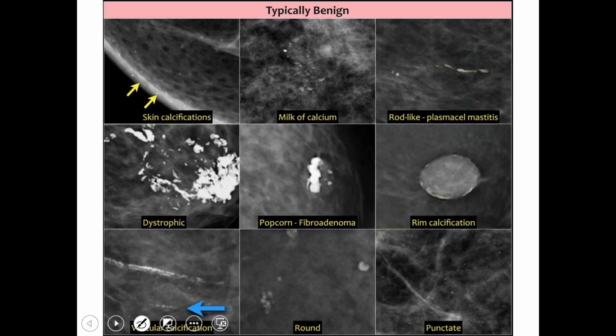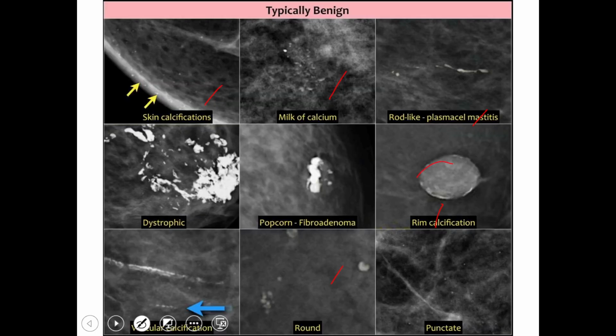So typically at the beginning, skin calcification will be seen in that case. Milk of calcium calcification is rod-like, plasma cell mastitis, rim calcification, round shape. So typically the image is taken before scanning and after the calcification.